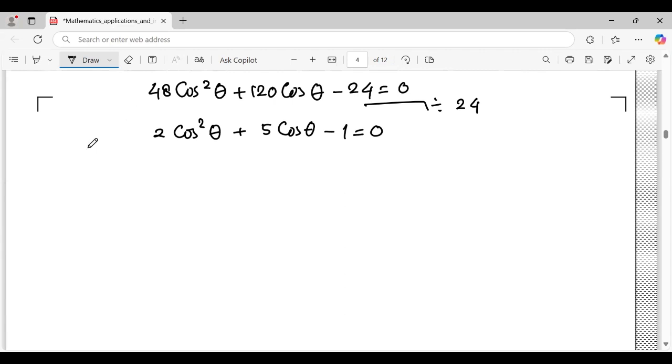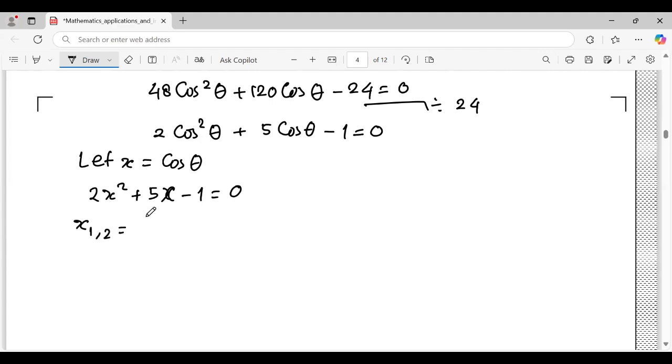Next, let x equal cosine theta. So this equation becomes 2x squared plus 5x minus 1 equals 0. Now we're going to find the roots of this equation. x1, x2 equals minus b plus or minus the square root of b squared minus 4ac.